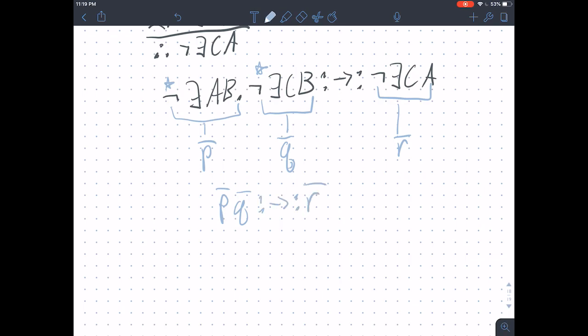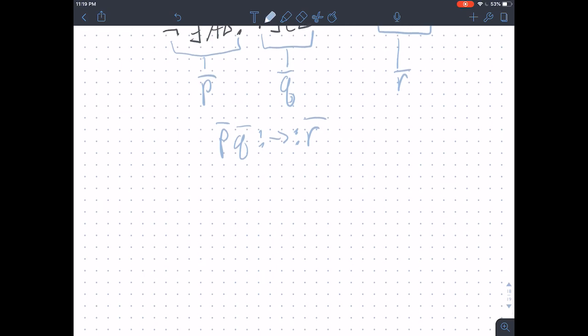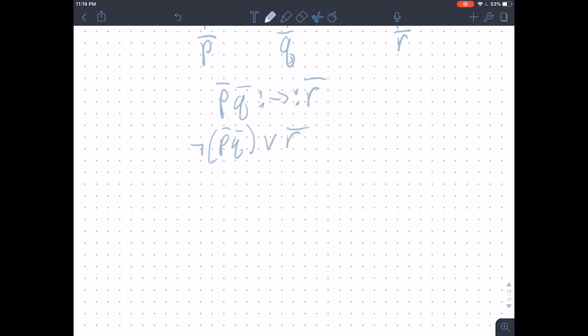Right? And then what that does, if we convert this to conjunctive normal form, and a lot of these will look really similar, is that gives us R, and then we just De Morgan's this again, so that gives us... and double negations cancel out.